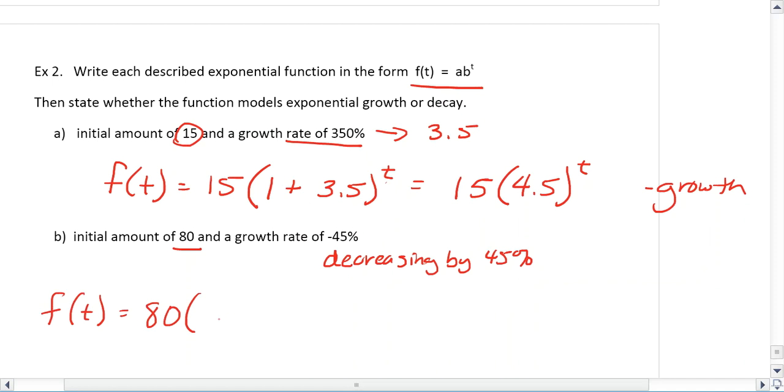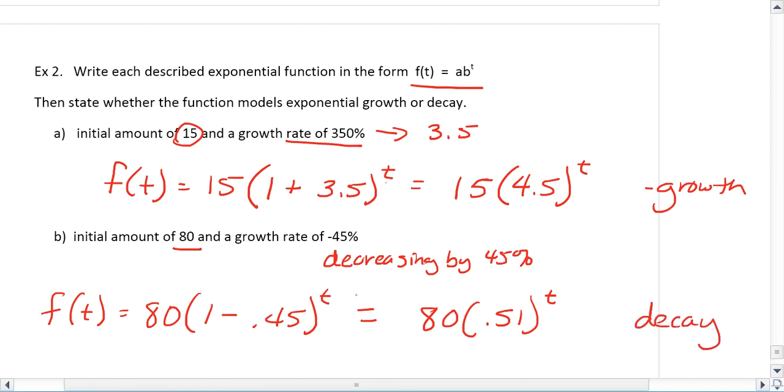Since it's decreasing, we have to do 1 minus the 0.45, and we'll raise this to the power of t. Go ahead and subtract that in the parentheses, and our equation would then be 80 times 0.51 to the t. And of course, this is an exponential decay problem.